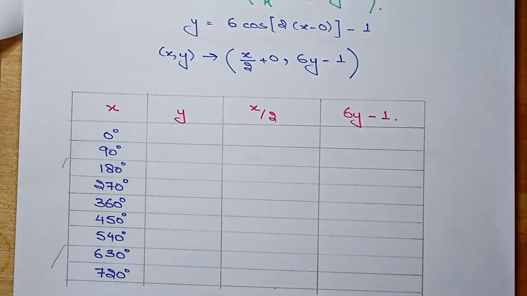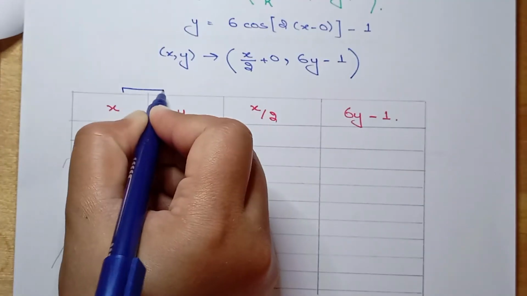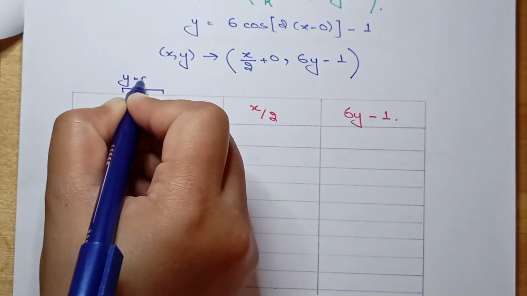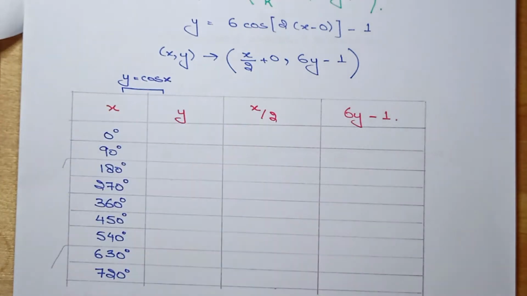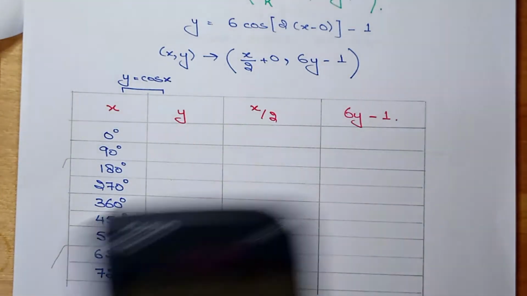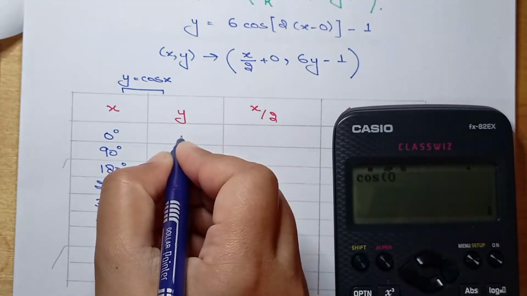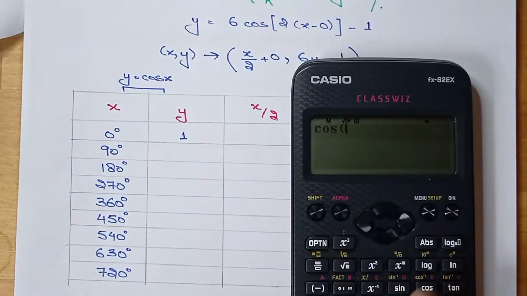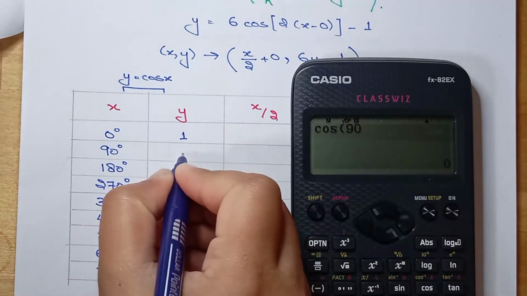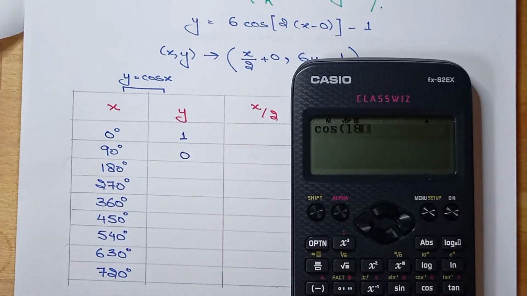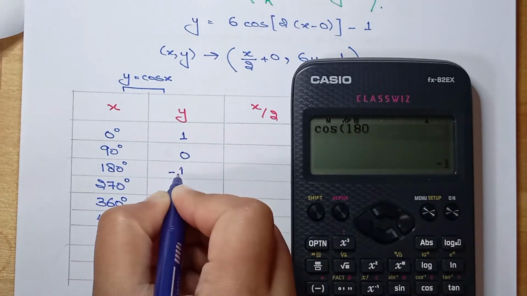Now we need to find the value for the cosine function. The first x and y column is for the base function. The base function we have is just y equals cos x. So just substitute x equals 0. We have cos 0, this is 1. Cos 90 is 0. Cos 180 is minus 1.